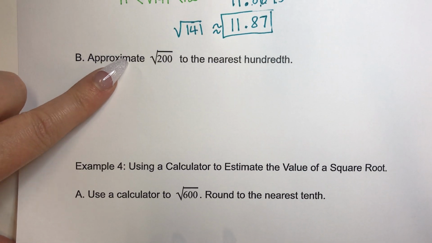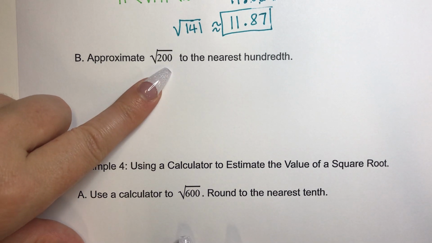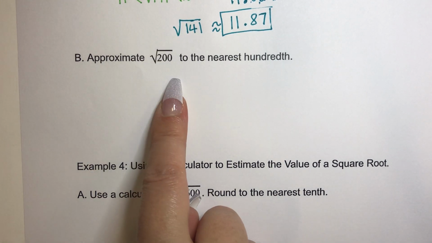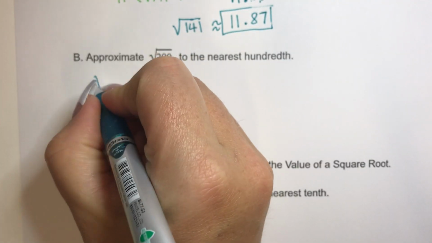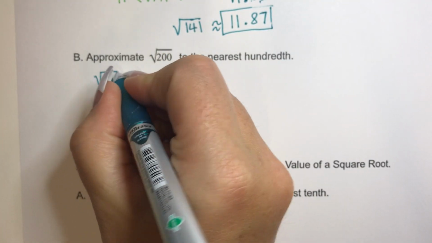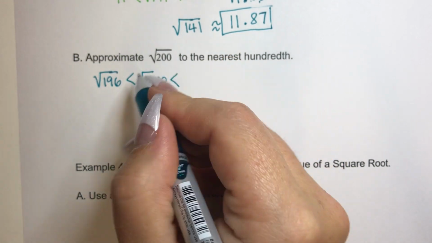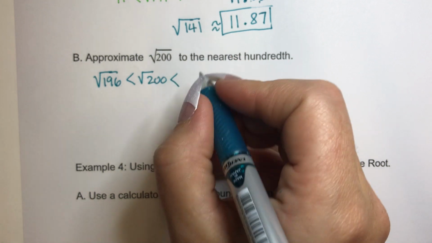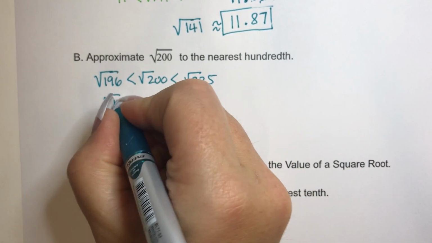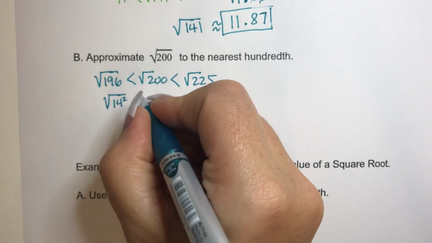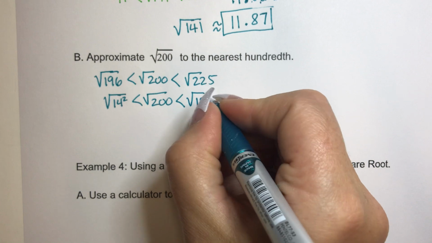We're going to approximate the square root of 200 to the nearest hundredth. First we have to figure out the two perfect squares it's between. I'm going to say it's between the square root of 196 and the one after that, 225. We know that 196 is 14 squared and 225 is 15 squared.